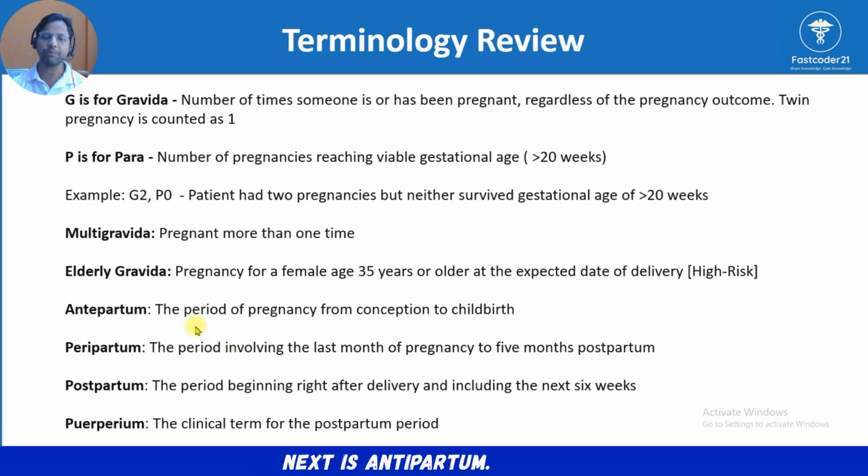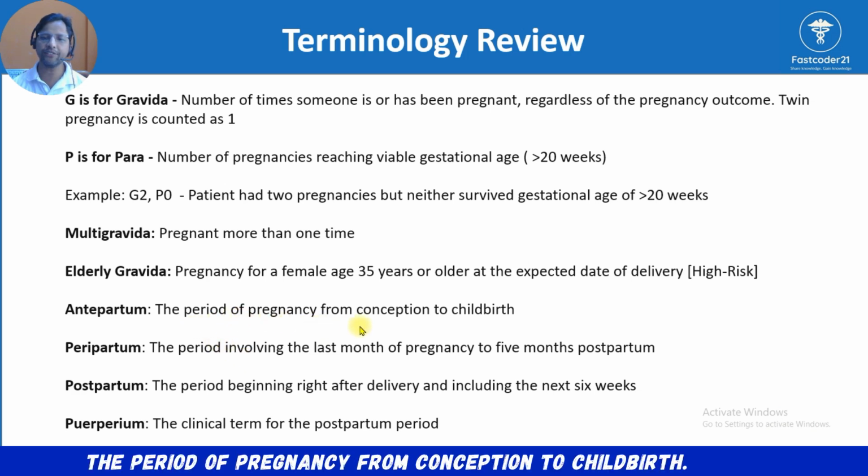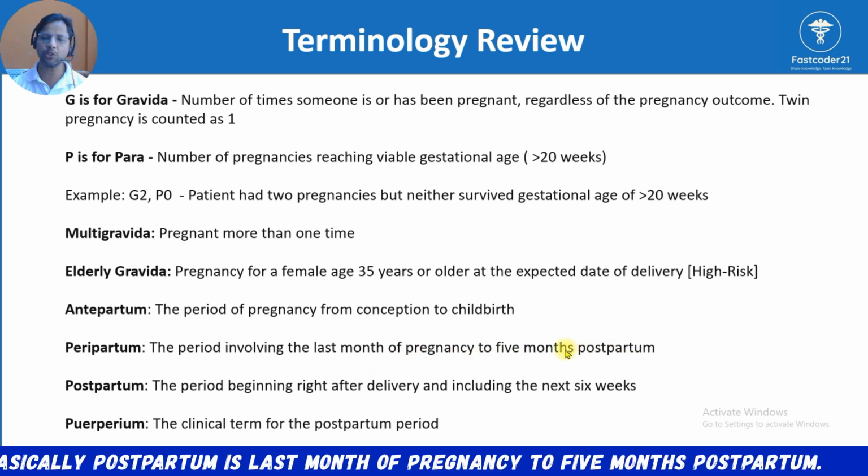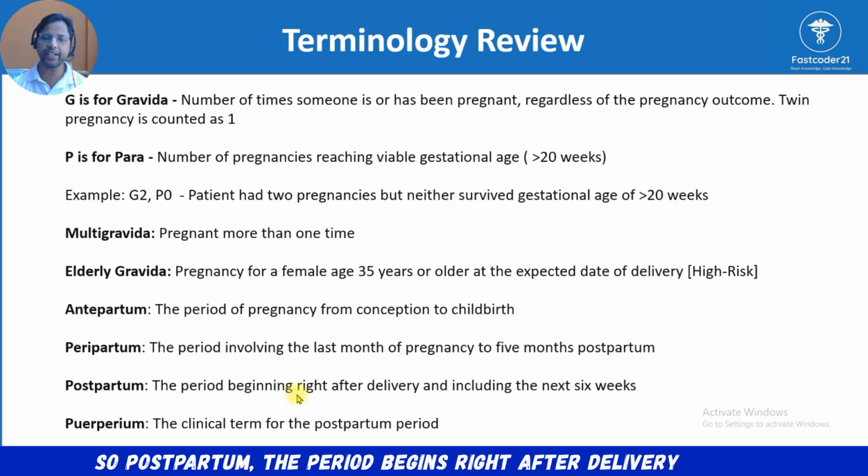Next is antepartum, the period of pregnancy from conception to childbirth. Peripartum is the period involving the last month of pregnancy to 5 months postpartum. Postpartum is after the pregnancy: the period that begins right after delivery and includes the next 6 weeks.